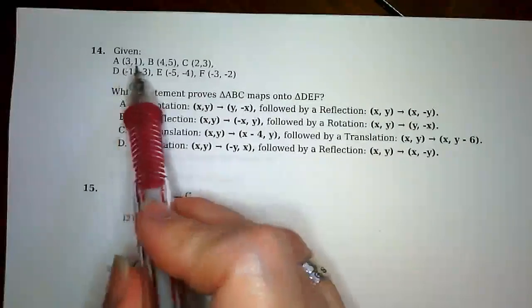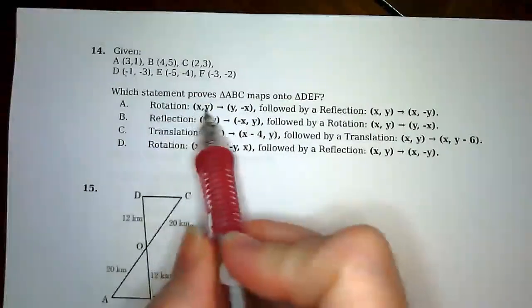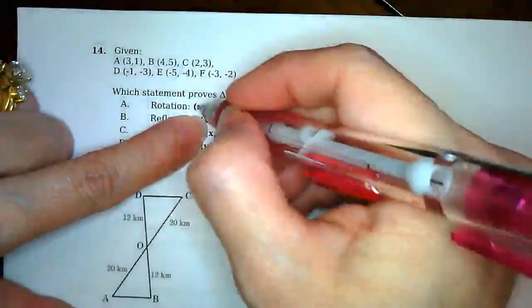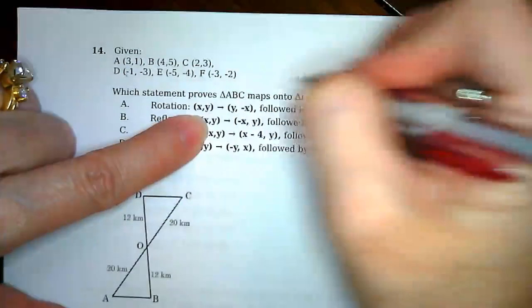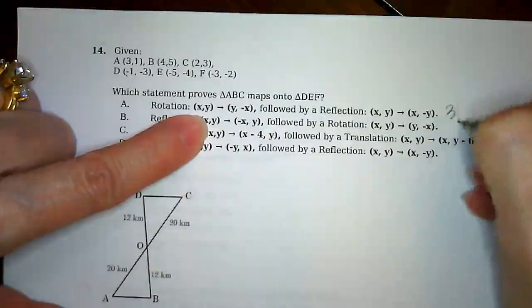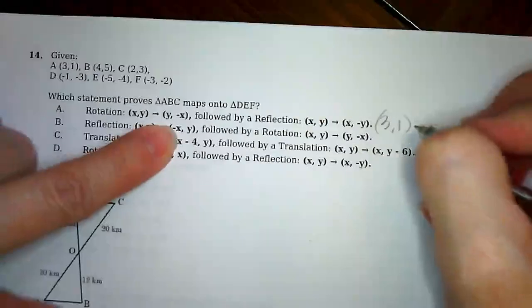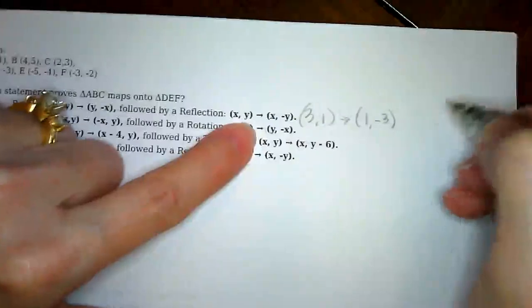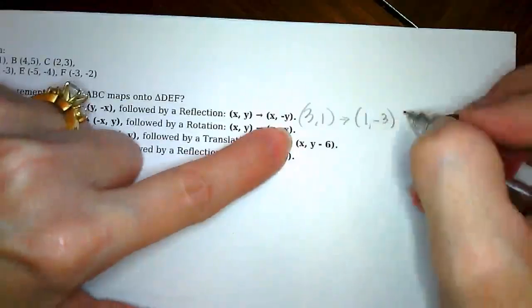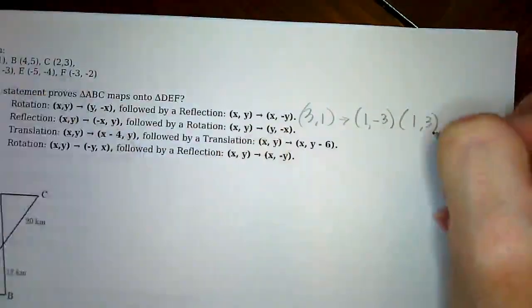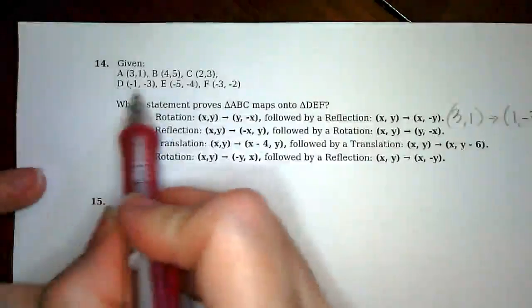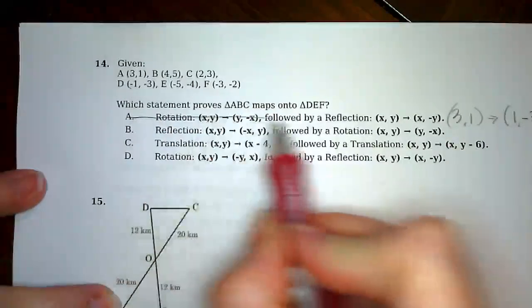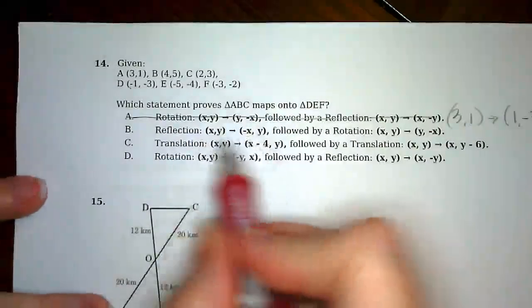So first up, if we think of this as our original XY, this one would be 3, 1, and then it would change to be 1, negative 3, and then from there it would change to be 1, 3. So that is not what we ended up with, so we can eliminate that one.